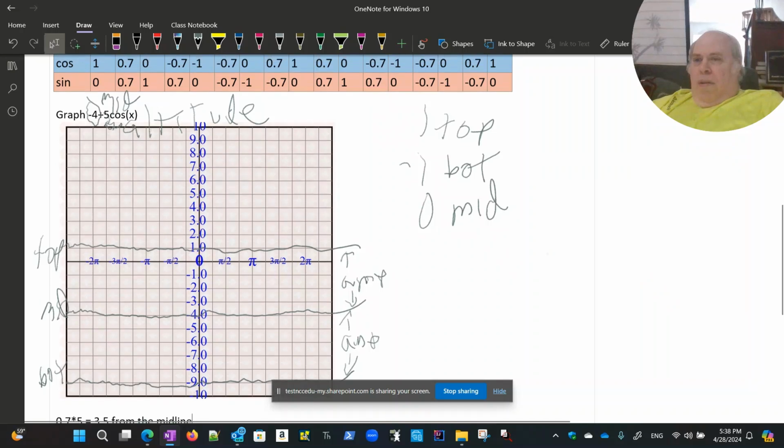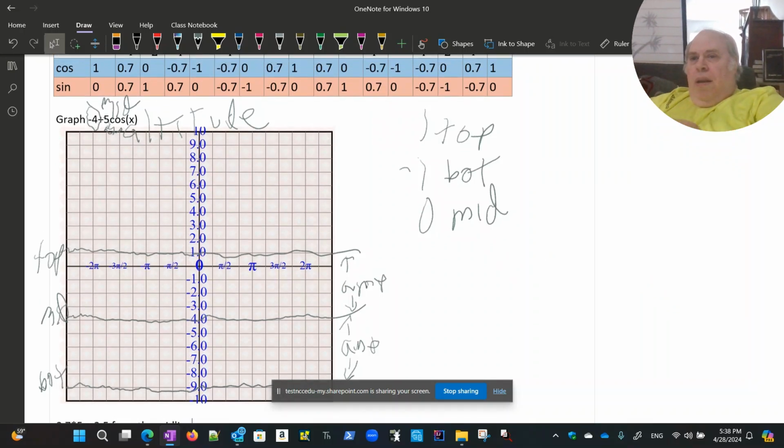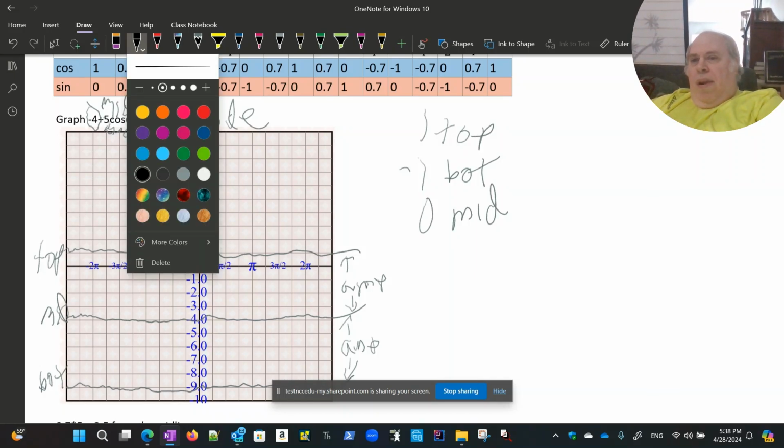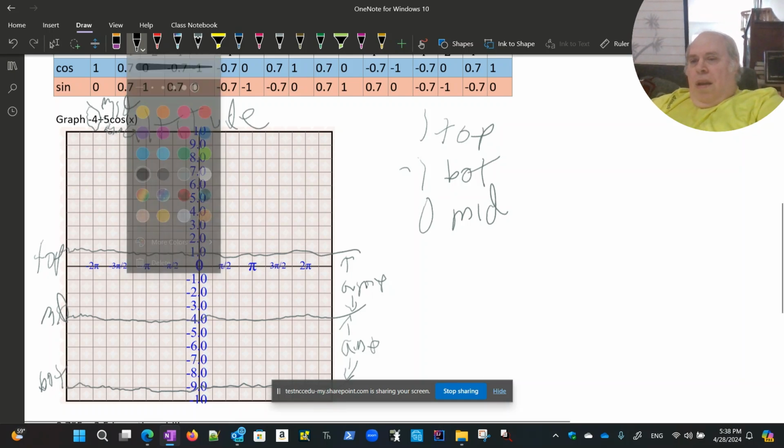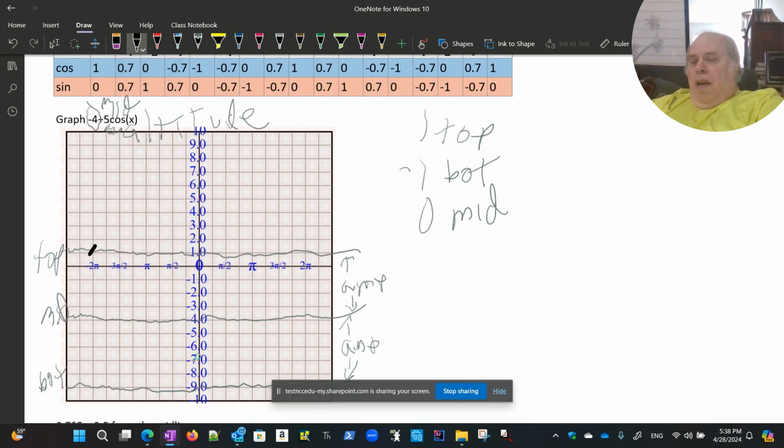So what are we going to do? To graph this cosine curve, I'm going to make big dots. I'm going to start at -2 pi on the top. Then I have 0.7, which means 3.5 up, 1, 2, 3 and a half up from the midline.